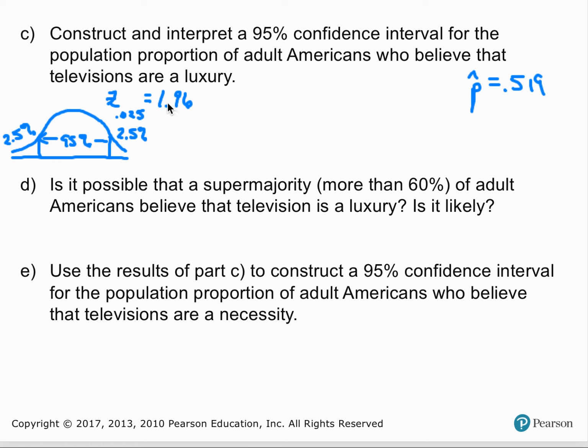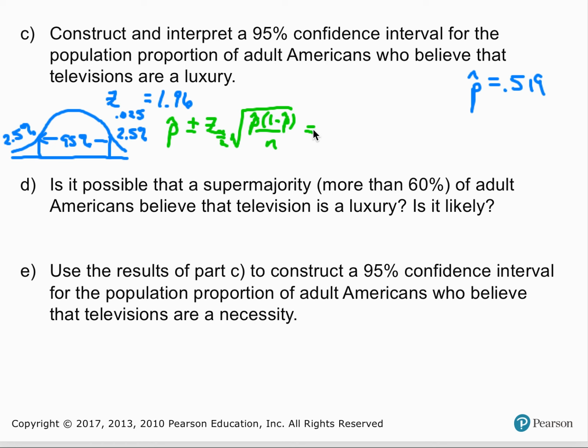So now that I know my z value, we've got a formula to construct this interval, right? So it is p hat plus or minus z sub alpha over 2 times the square root of p hat times 1 minus p hat over n.